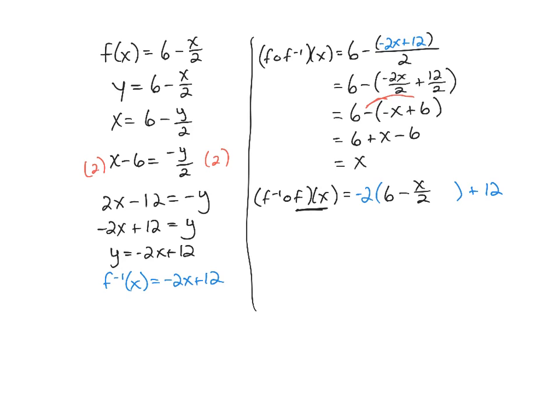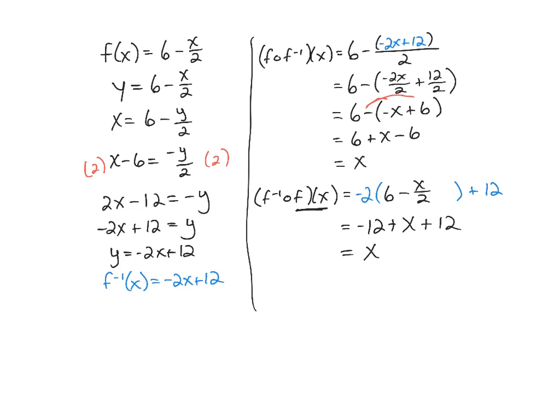So we're going to go ahead and distribute. So I get negative 12 plus, because negative 2 times negative x over 2 gives me a positive. And since we have a 2 in the numerator and denominator, they cancel out, and I'm left with x plus 12. Those 12s now cancel out, and I'm left with x.